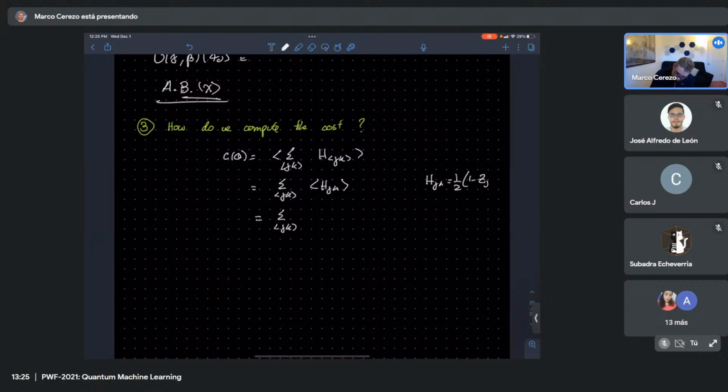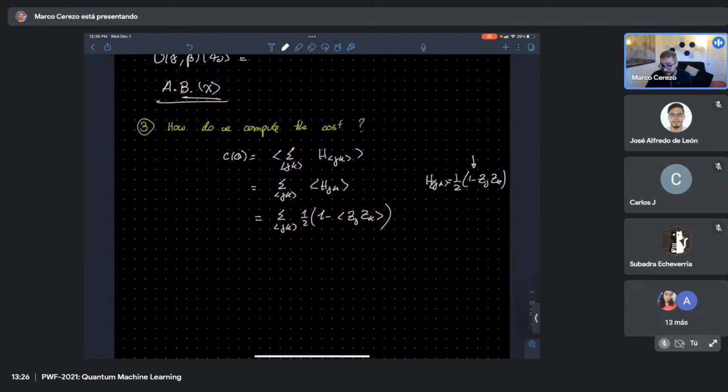So this is going to be given by 1/2 the expectation value of the identity operator, which is just 1, minus the expectation value of Z_J Z_K.